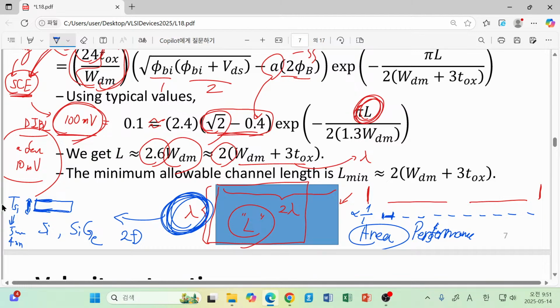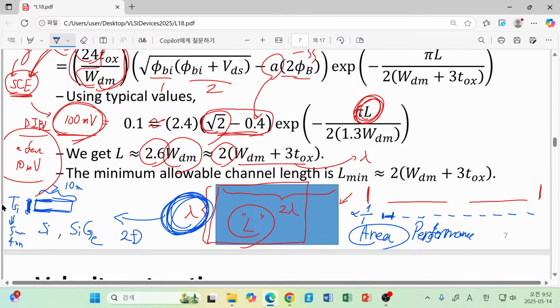That's the reason why we can now live with a length scale slightly longer than 10 nanometer. For this technology, for example, let's say this thickness is 5. Of course, we must consider oxide thickness, so the actual number does not exactly correspond to the silicon thickness, but is a little bit longer.